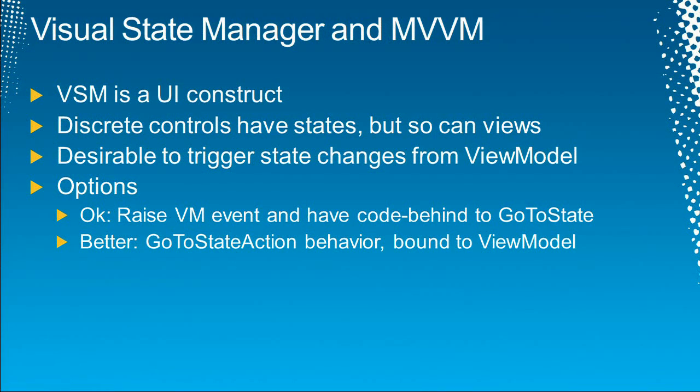Visual State Manager is something that came out way back in Silverlight 2, and it was looked at as the way to get state animations and state changes for the UI out there. Before that, we had in WPF, we did a lot with triggers. If the mouse was over, it would trigger an event, and then we would change some part of the UI to respond to that.